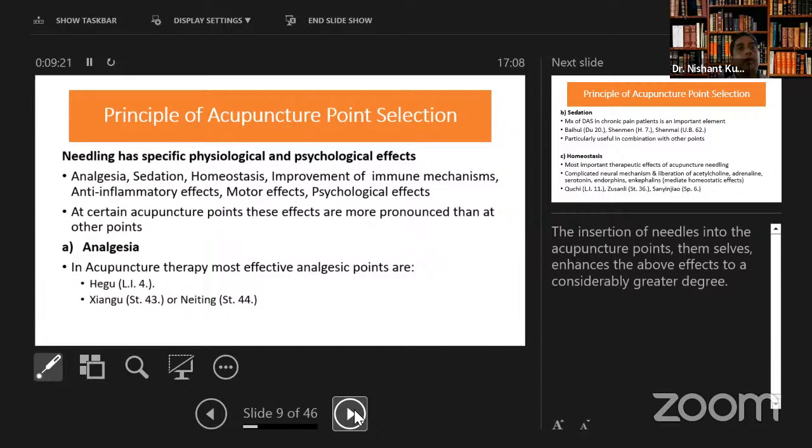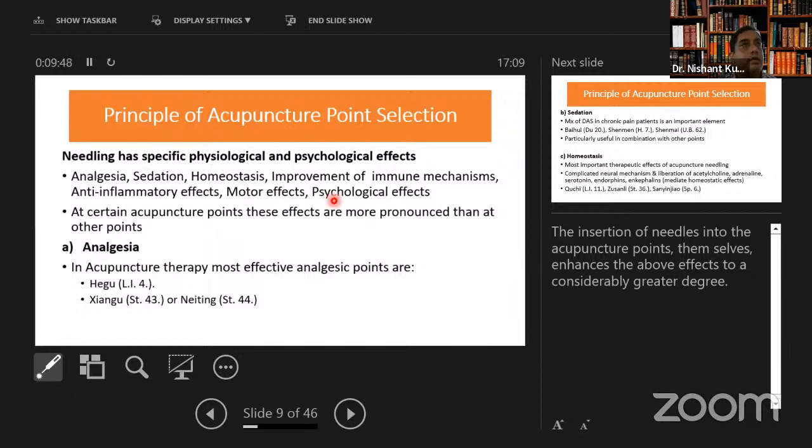So हमको, apart from analgesia, we require sedation, and the body systems are haywire. कहते हैं homeostasis खराब है, सब चीज खराब हो गई है, हम उसको ठीक करना चाहते हैं. So we want to regulate the circulation of the chi also through homeostasis and improvement in immune mechanism, anti-inflammatory effects, motor effects, and psychological effects.